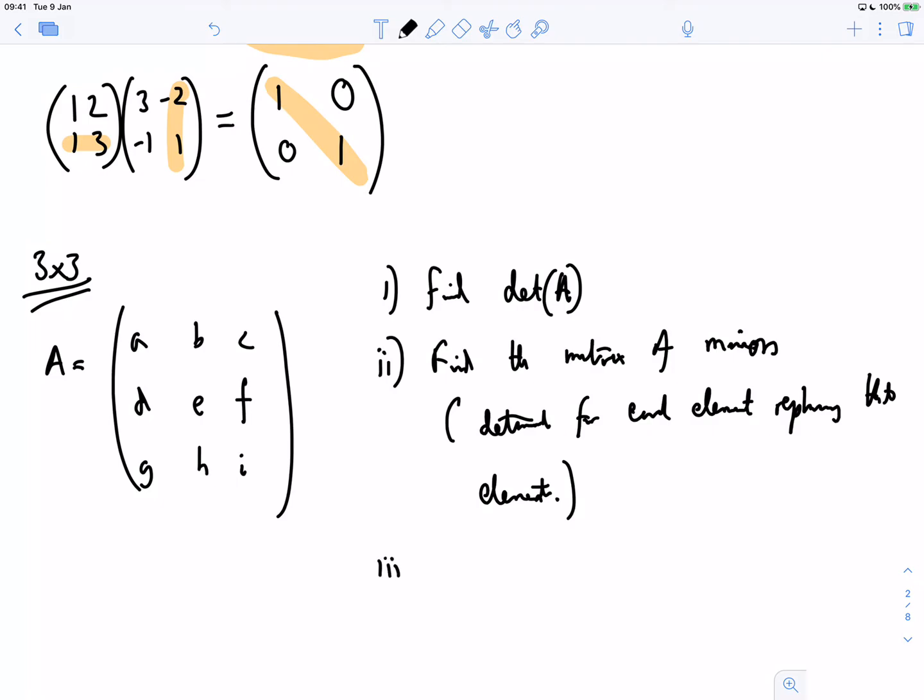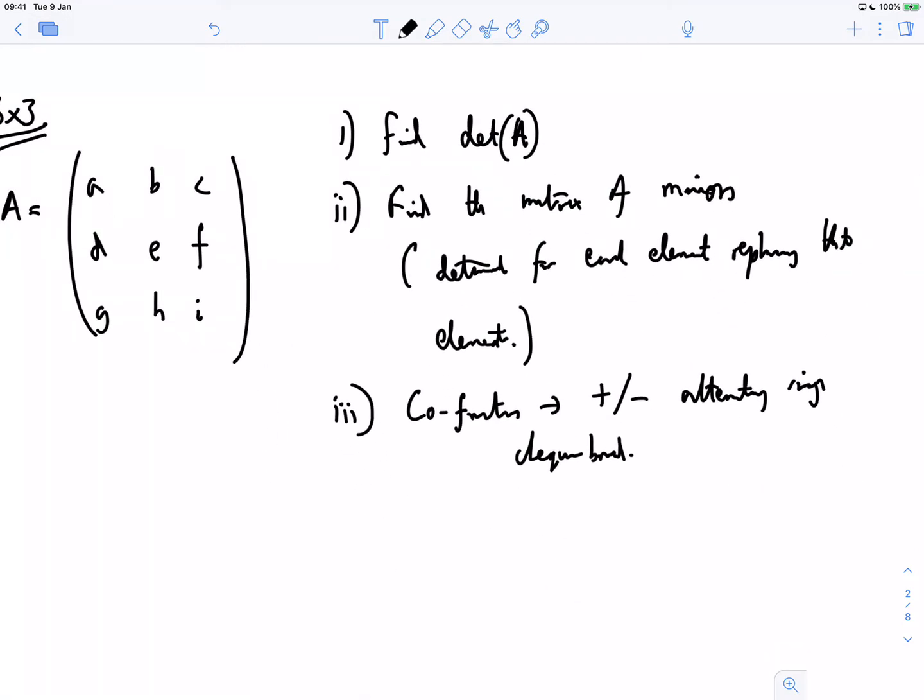Step 3 is you then change it into the matrix of cofactors by applying the plus minus alternating sign checkerboard thing. And then step 4, we have to do something called transpose the matrix.